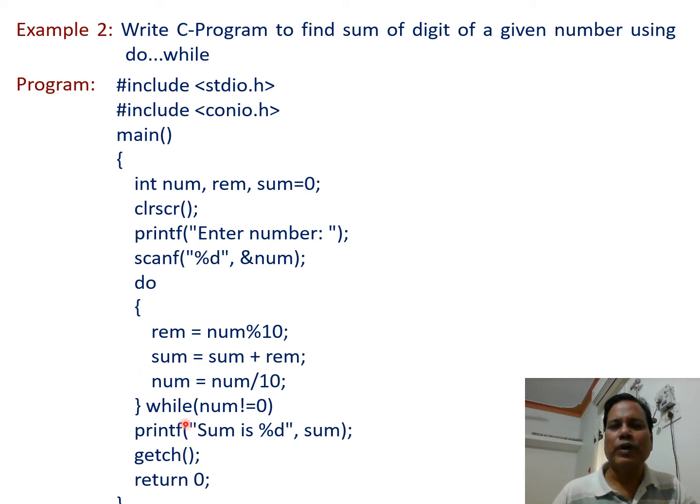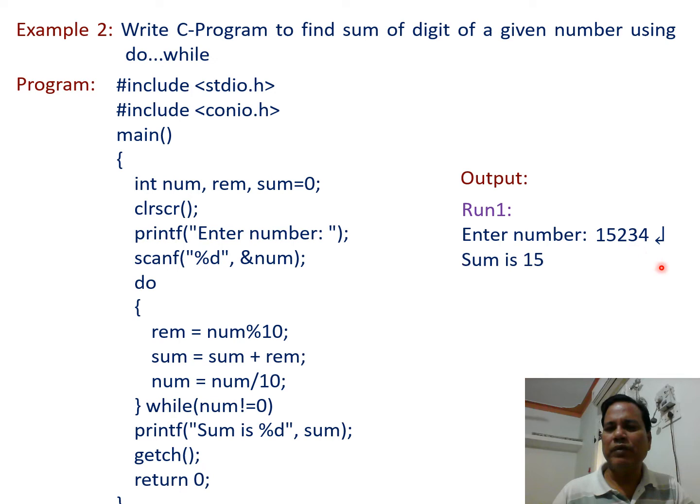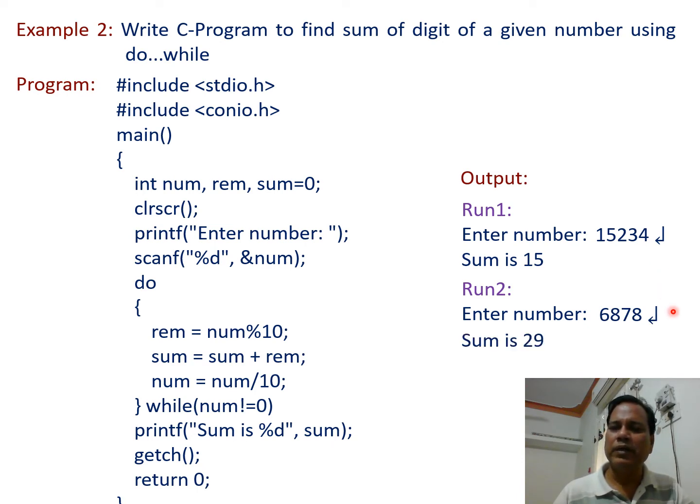So when this program is run, we get the output like this one. Suppose in the first run, when we run the program the first time and enter the number like this, then we get the sum as 50. During the second run, if the user enters this number, 6878, sum is 29 is displayed.